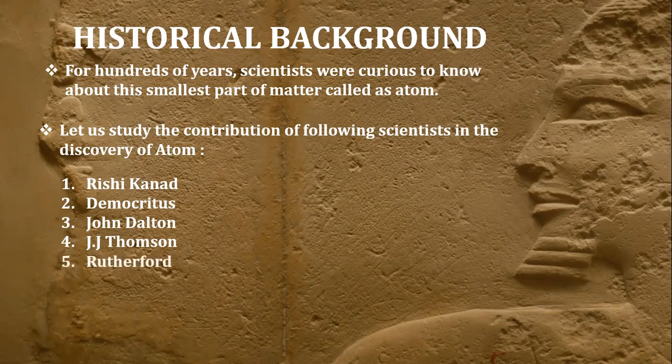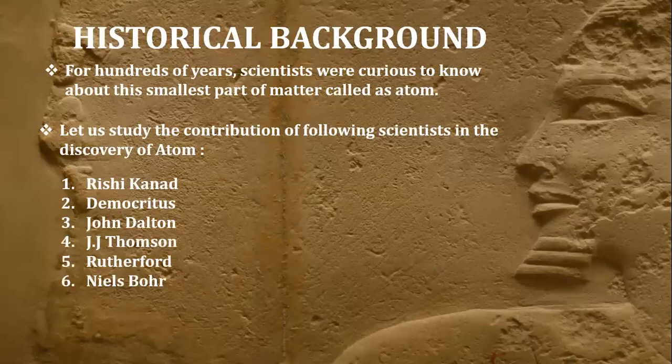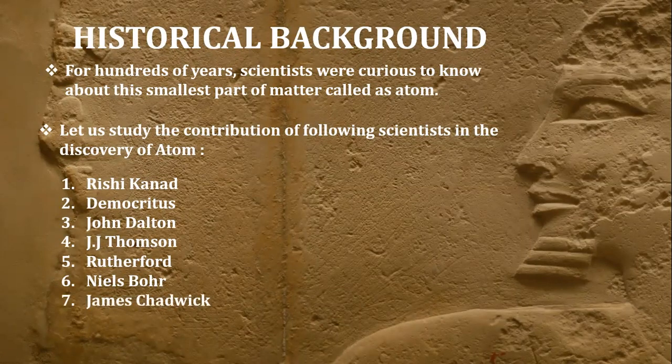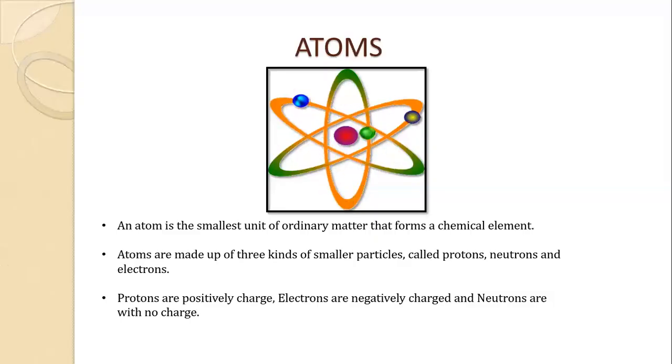Then Rutherford, who performed the gold foil scattering experiment. Then Niels Bohr, who said that electrons revolve in specific orbits, just like planets revolve around the sun in our solar system. And then James Chadwick, who contributed towards the discovery of the neutrons present in the nucleus. So all these scientists and philosophers gave us the structure of the atom.